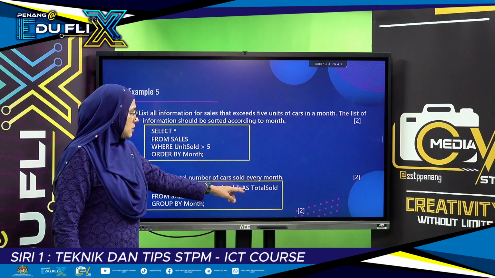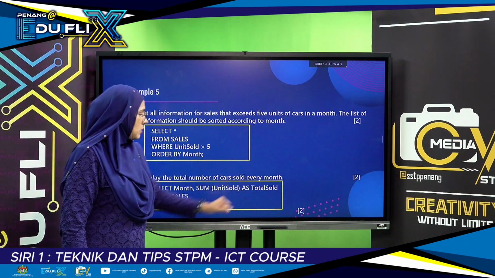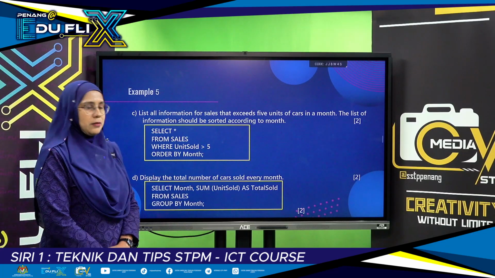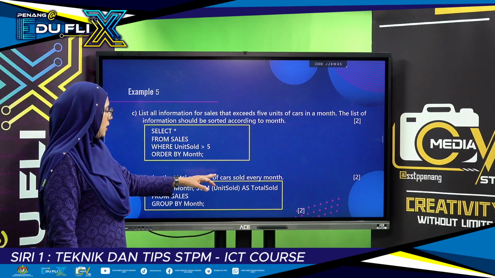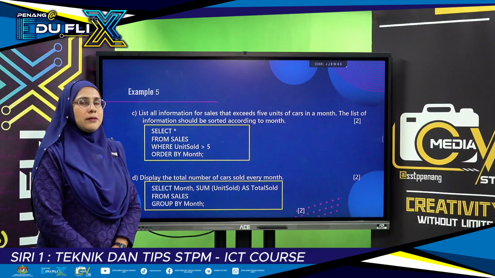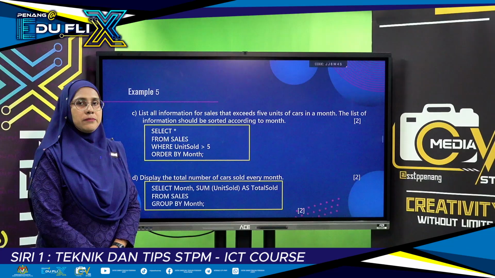You must put AS to show that this sum will be displayed as total sold. FROM sales GROUP BY month because you want it according to every month. So this is the suggested answer. Only 2 marks given.